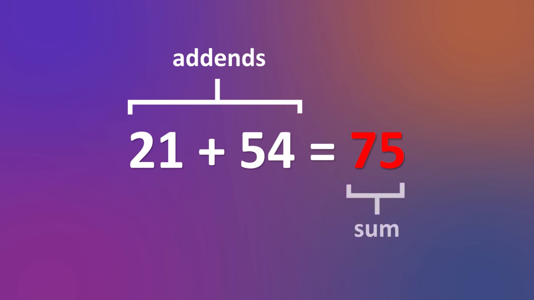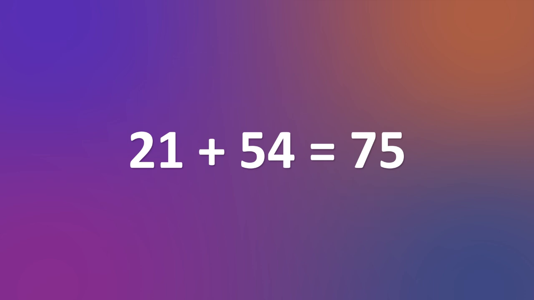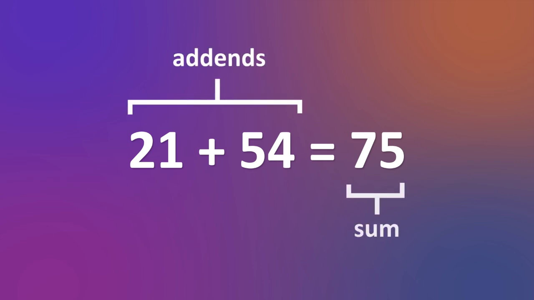Correct, it's called the sum. Let's review. Addends are any of the numbers that are added together, while the sum is the answer in addition. Again, addends, sum, addends, sum, addends, sum.